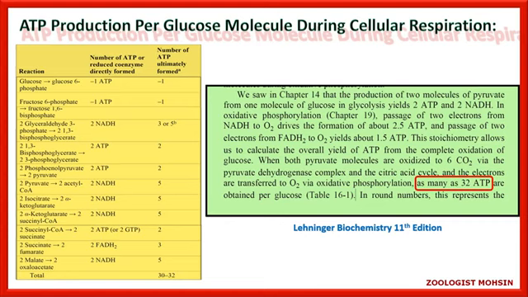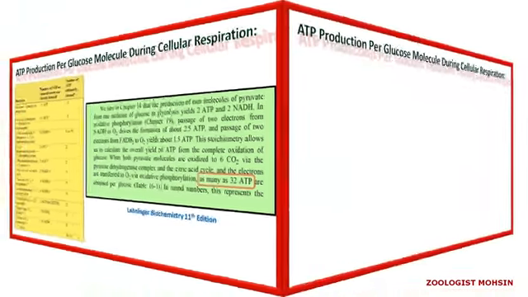These are the variations present in prokaryotes and eukaryotes and in different cells of the body, like brain cells, heart cells or liver cells. Different numbers of ATPs are produced depending upon their nature and their requirement. So 32 ATPs is also the final number in Lehninger Biochemistry 11th edition.